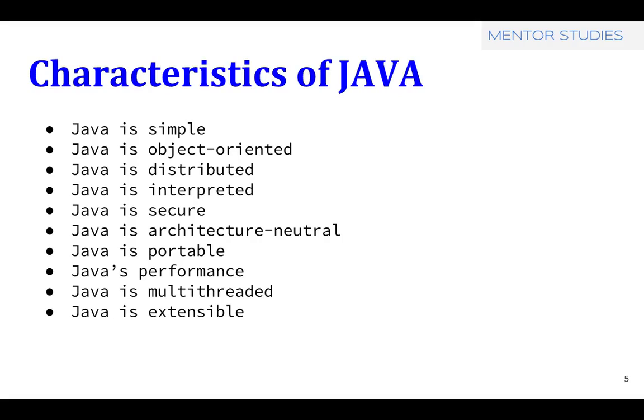Java also has great performance because there is a garbage collection mechanism which frees up the memory that we are consuming. Suppose we have software that is modifying the file system, changing some file, adding some value.